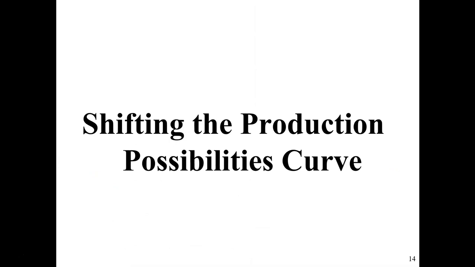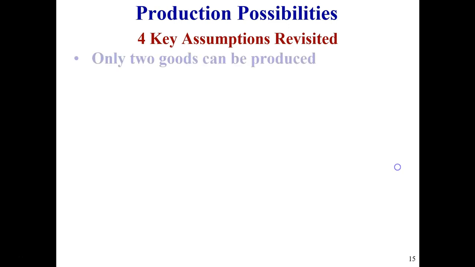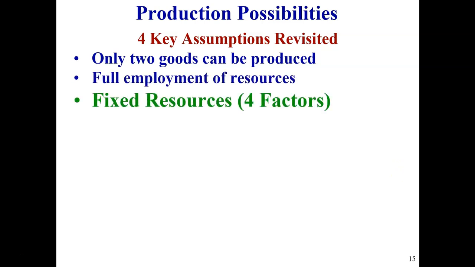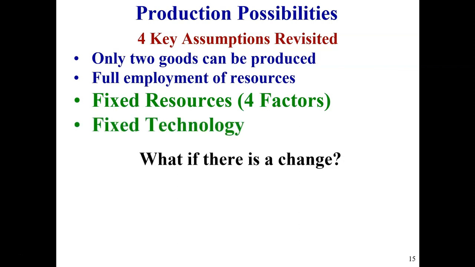So, is it possible for the production possibility curve to shift? And the answer to that is yes. There's four key assumptions that we're going to revisit: only two goods can be produced, full employment of resources, fixed resources, fixed technology.